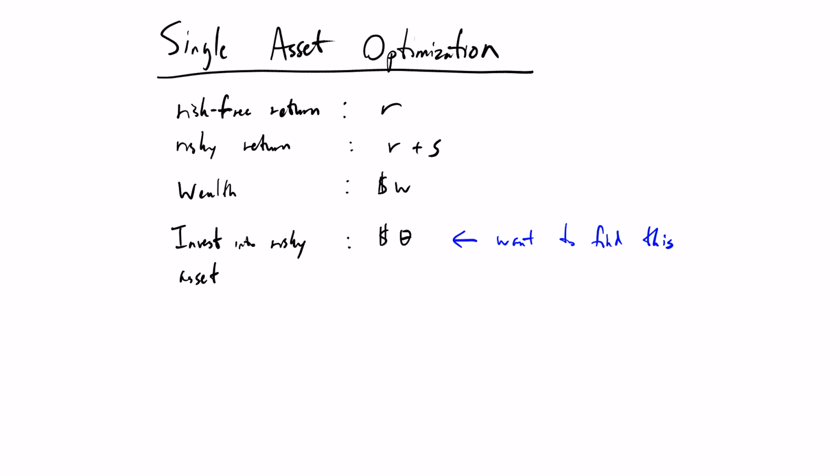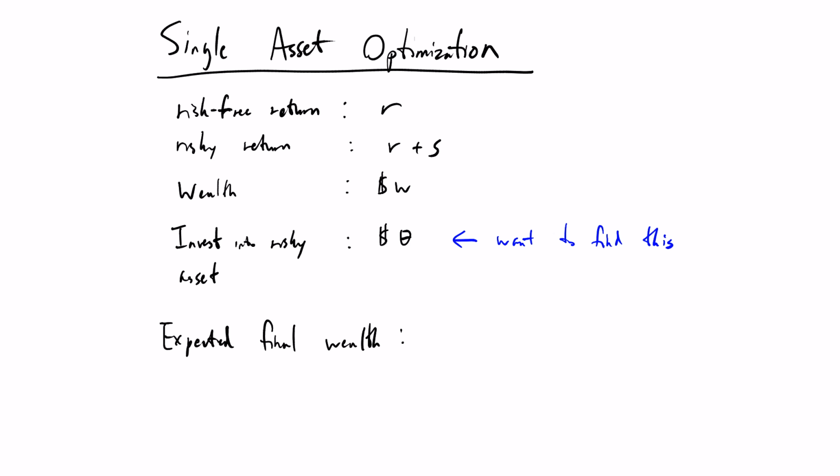So what you do is, well, you first write down the expected final wealth, right? What do you expect to get on average? Expected final wealth is, well, we're going to put theta dollars out of W dollars into the risky asset, and then the rest we're going to put in the risk-free asset, right?